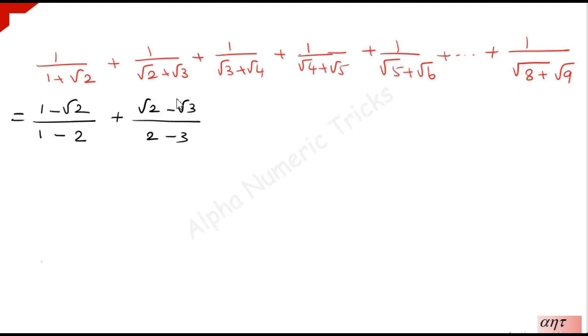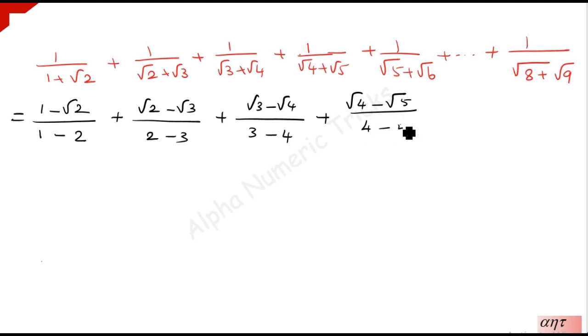Yes, you're right. The next term will be equal to square root of 3 minus square root of 4 divided by 3 minus 4, plus the next term, square root of 4 minus square root of 5 divided by 4 minus 5, plus etc., plus square root of 8 minus square root of 9 divided by 8 minus 9.